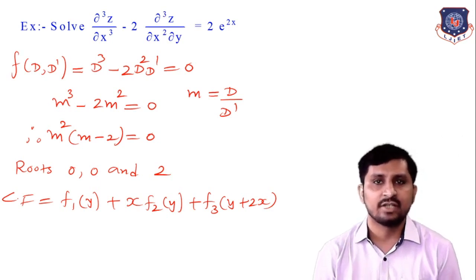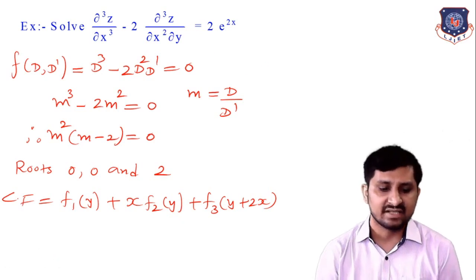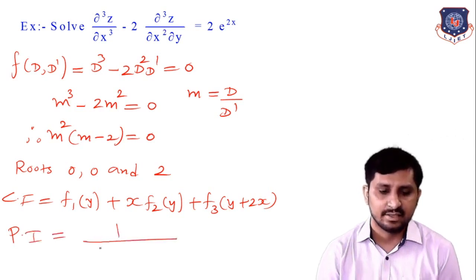What is your particular integral? 1 upon f of D, D dash into f of x,y. What is your f of x,y here? 2 into e raised to 2x. So the particular integral is equal to 1 upon D cube minus 2 D square D dash into 2 e raised to 2x.